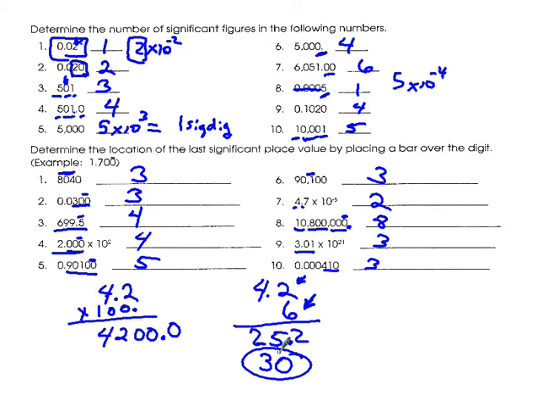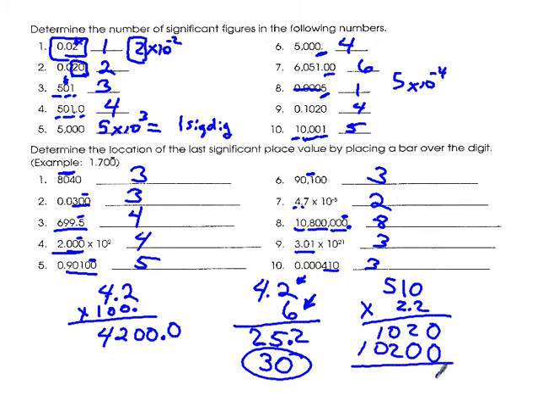Let me give you one more of these multiplication ones and then we'll do a couple of addition ones. What if I had 510 times 2.2? So we do the multiplication and add it up. I have a decimal here.